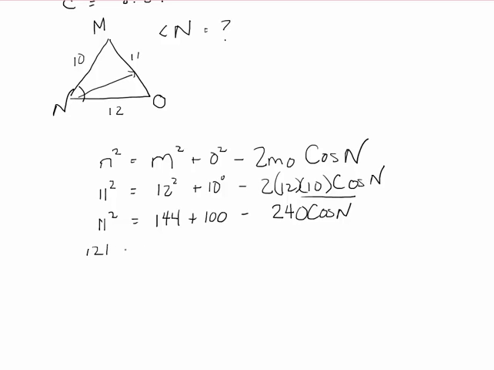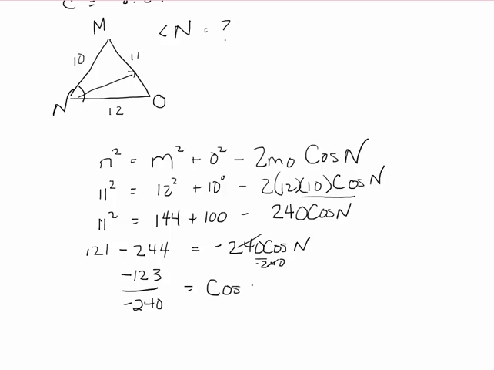So I'm going to take my 121 and subtract 244 from it because this is going to change sides using basic algebra. So I'm left with negative 240 cos n. Do not work from left to right in this stage. So what I have here is a negative 123 divided by negative 240. I have to divide both sides by negative 240 so that these cancel out and I'm left with cos n all by itself.